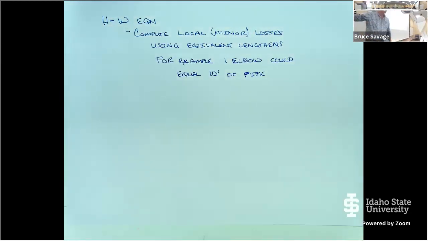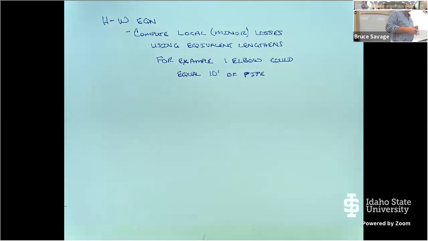So if I have a pipeline that's 1,000 feet long, and I have 5 elbows in that pipe, now inside of my equation I would say it is 1,050 feet, because that additional length of pipe would account for the losses from things like elbows, which are a minor loss, right, Aaron?